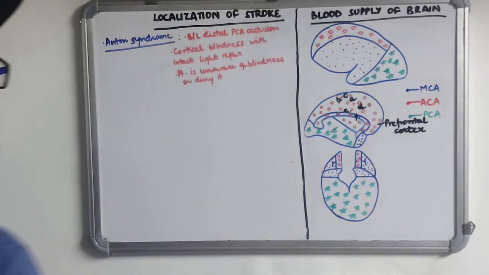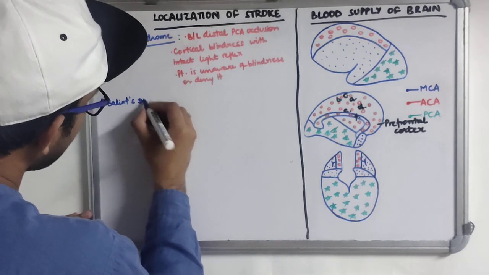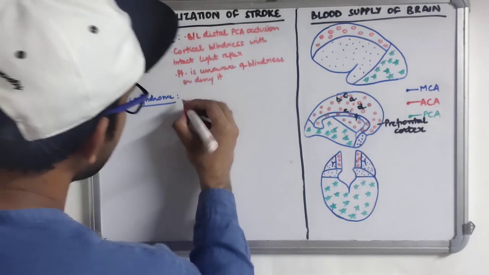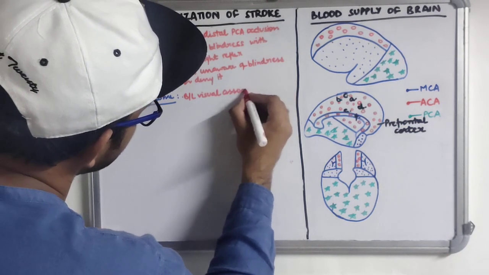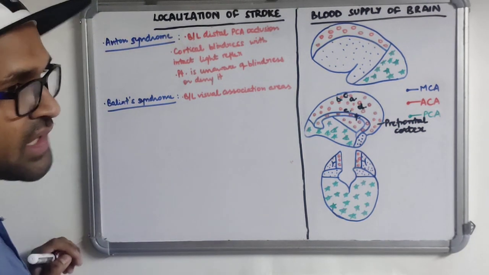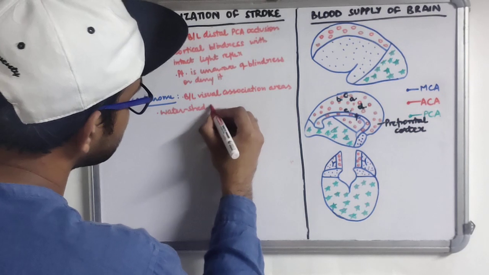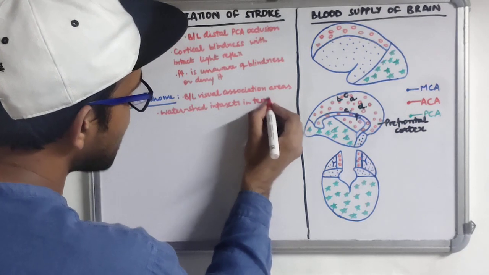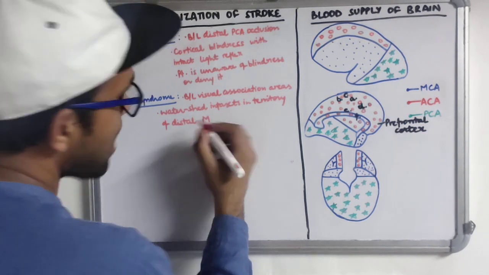Now, another syndrome is Balint syndrome. Balint syndrome occurs when there is an involvement of bilateral visual association areas, which occurs as a result of watershed infarcts in the territory of distal MCA and PCA, as occurs after cardiac arrest.